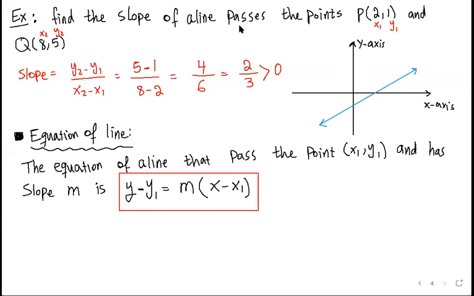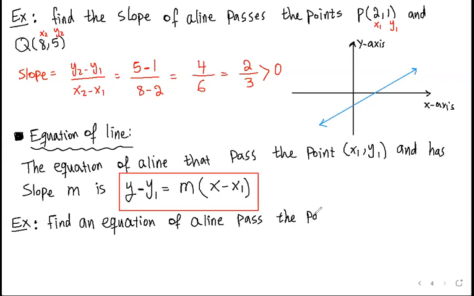Let me give you an example. Find an equation of a line that passes through the point (1, -3) with slope m equals minus 2.